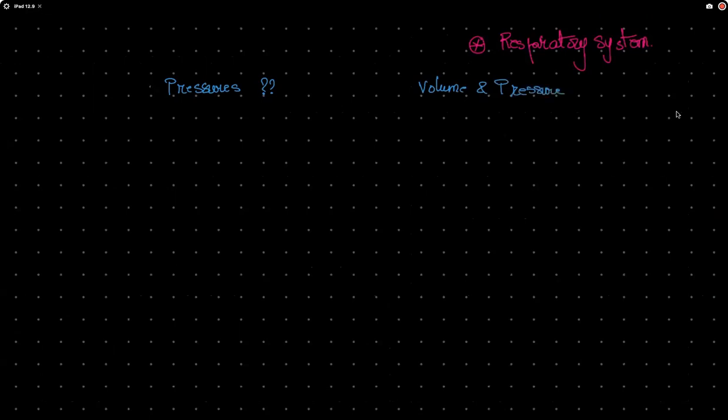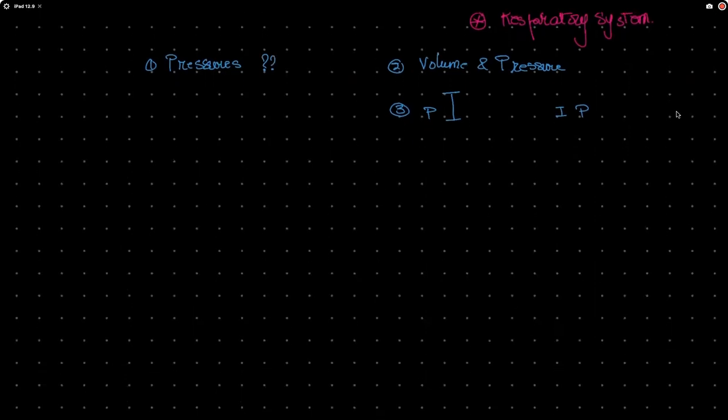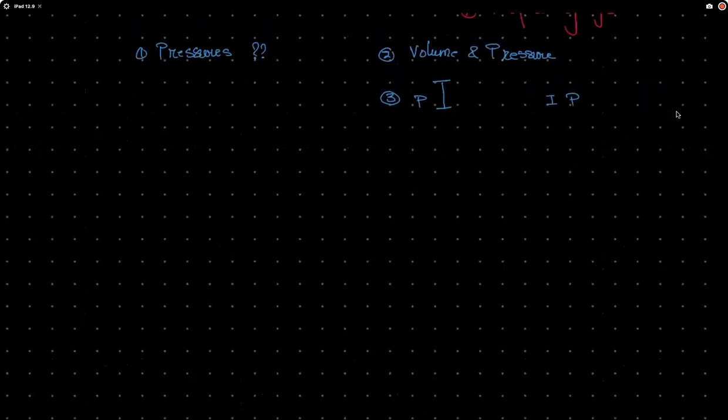And the third concept that needs to be clear is how the air is going to be moving from a side with high pressure to a side with lower pressure.